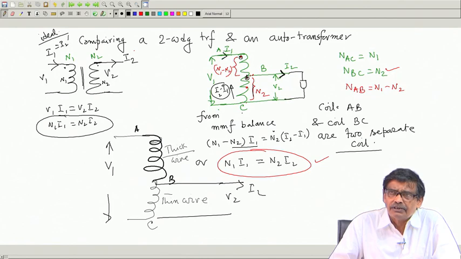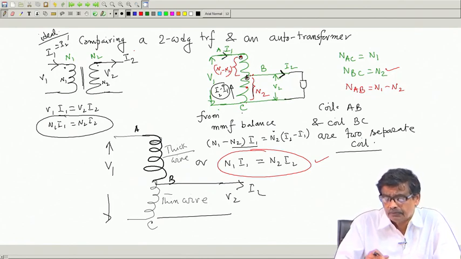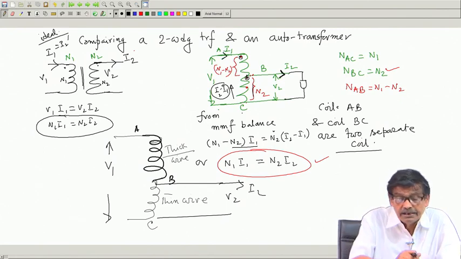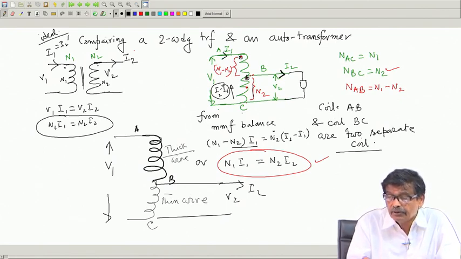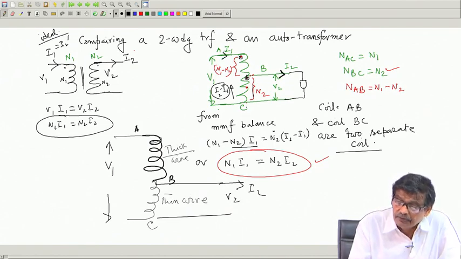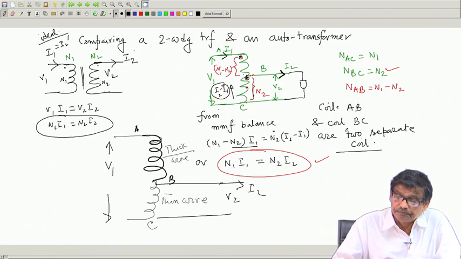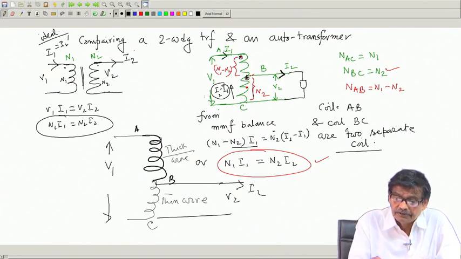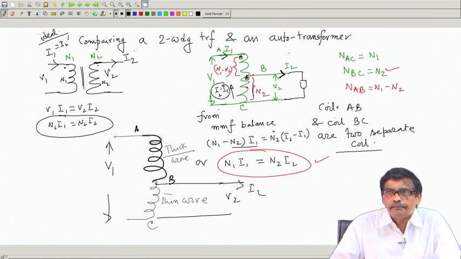I am considering an ideal transformer, and let us neglect the negligible no load current to understand the major thing in an auto transformer, how it distinguishes it from a two winding transformer. If I2 current flows, then I1 current must be drawn in, and therefore this is I2 minus I1. Once again I have applied voltage V1 at some frequency, therefore the flux level in the core will remain the same.